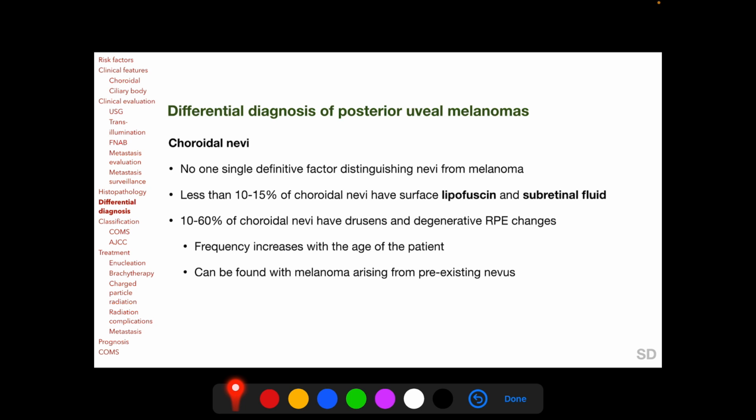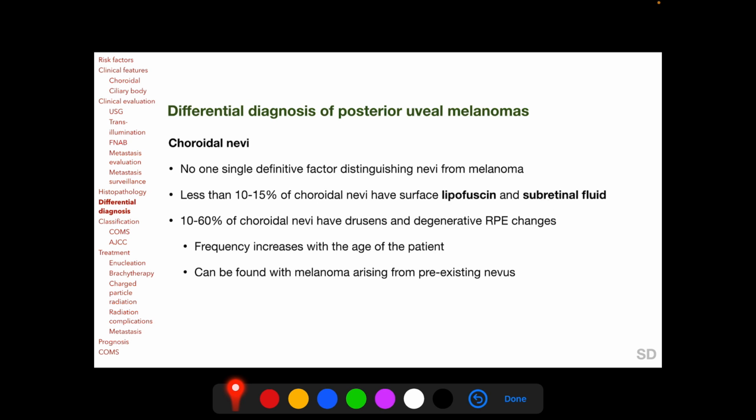There is no one single definitive factor distinguishing a choroidal nevus from a choroidal melanoma. Less than 10 to 15% of choroidal nevi which remain benign on long-term follow-up demonstrate lipofuscin and subretinal fluid, surface features suggesting malignant nature of a choroidal melanocytic lesion.